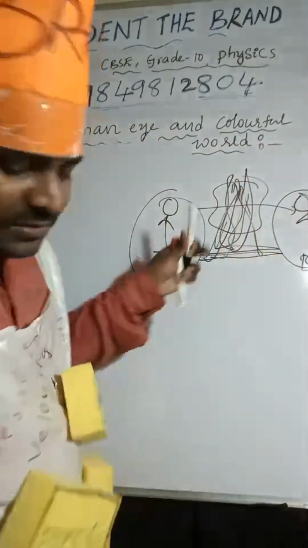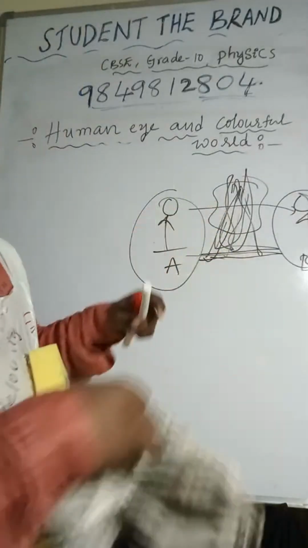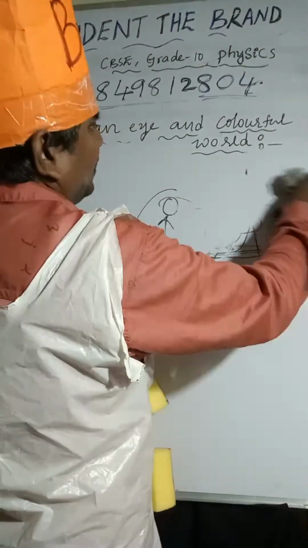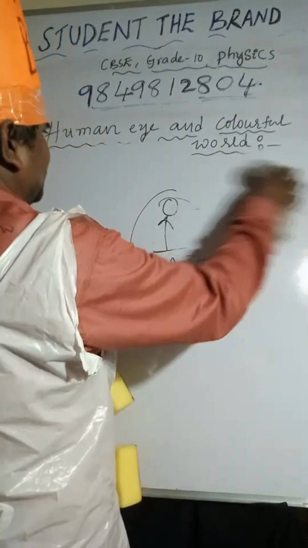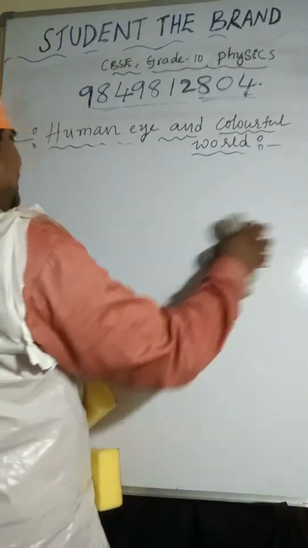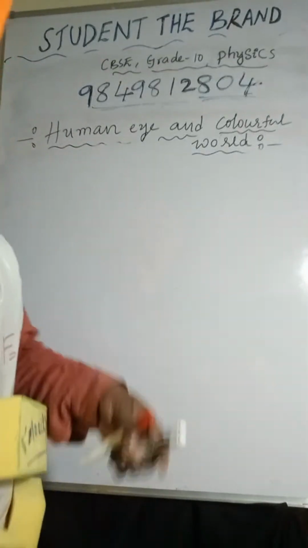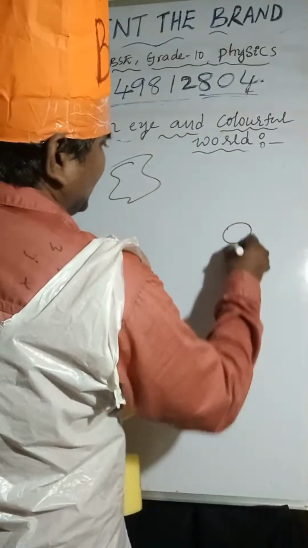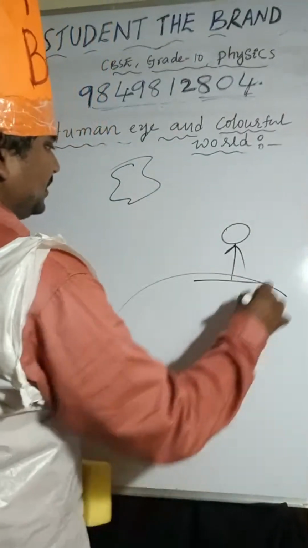In a general case, if you take it on a huge scale, there is the twinkling of stars. Actually, the star's position is somewhere here. You are standing here on the earth.